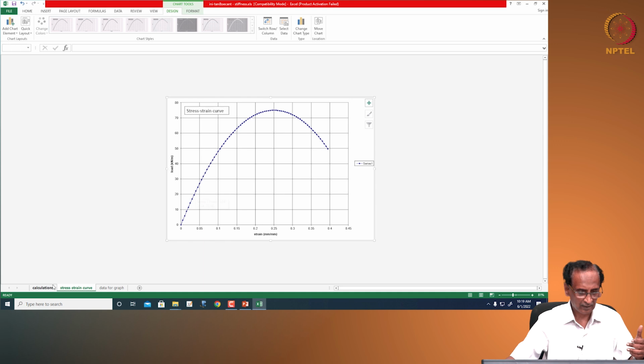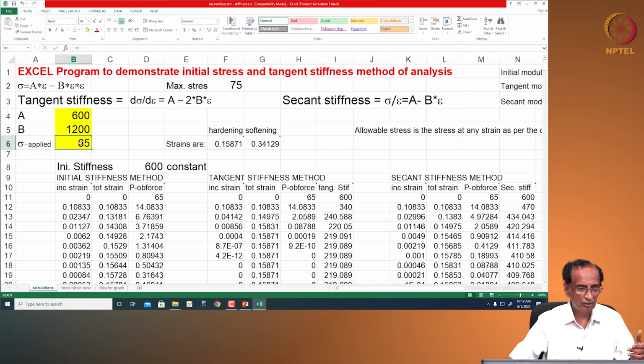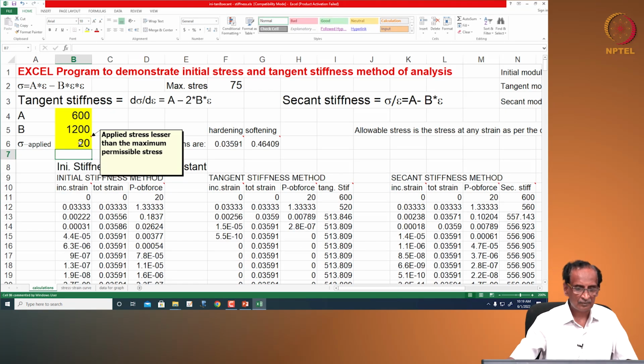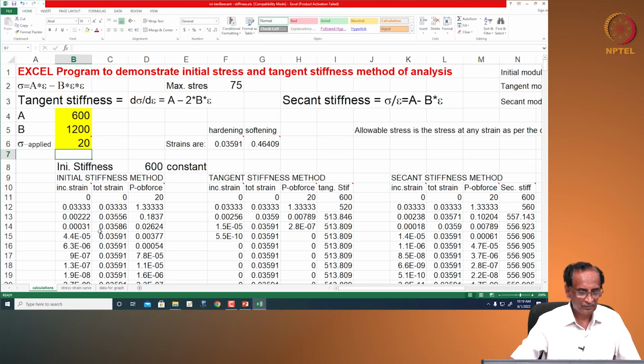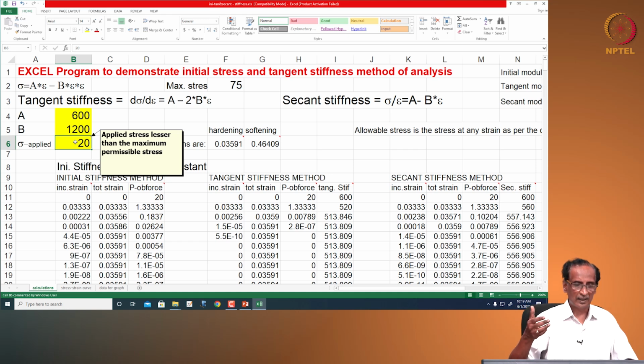So we may not need many iterations. Let me just do this. Say if I apply a stress of 20, our strain is 0.0359, and within 4 steps we get that strain even with the initial stiffness method, because the stress is very small and we are within the elastic limit.